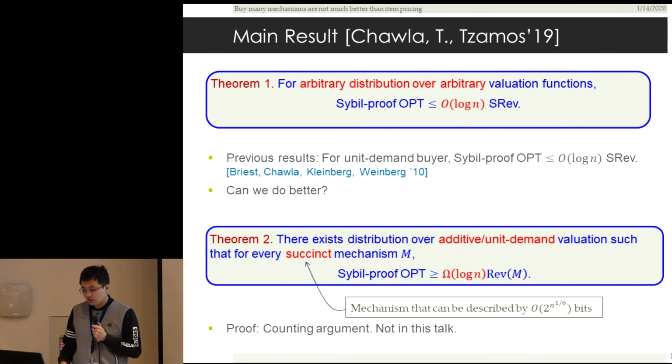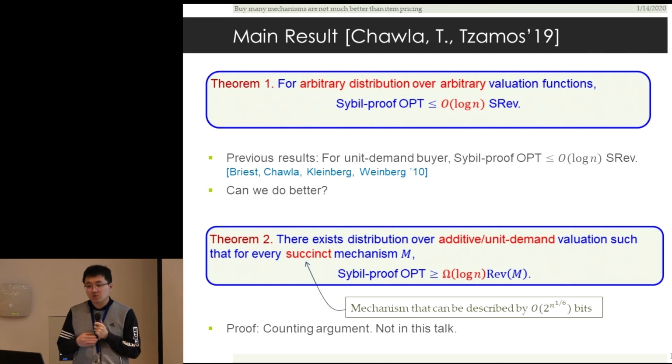We can prove that there exists some distribution over even additive or unit demand valuations, such that for any succinct mechanism M, it cannot get better than an O(log n) approximation to the optimal by many revenue. And here succinct means any mechanism that can be described by a sub-exponential number of bits.